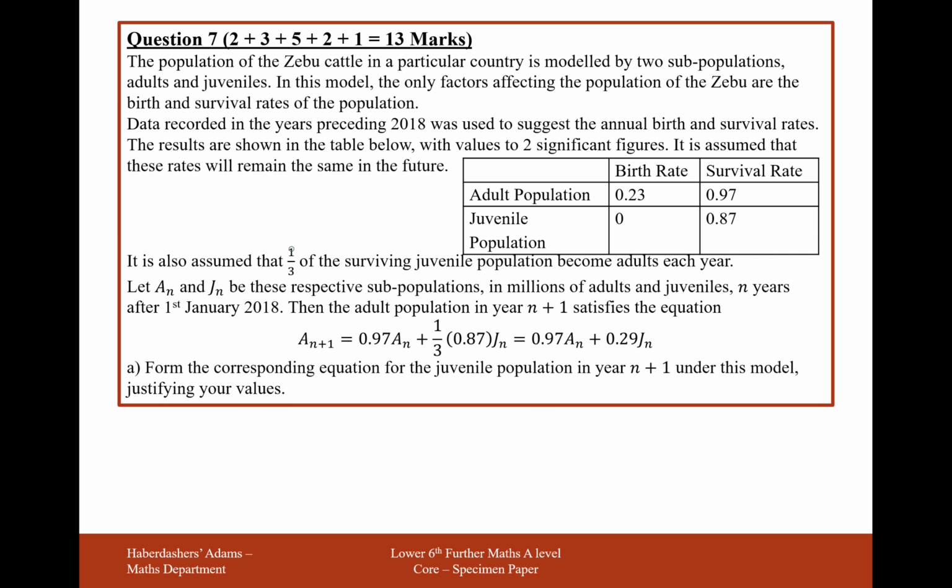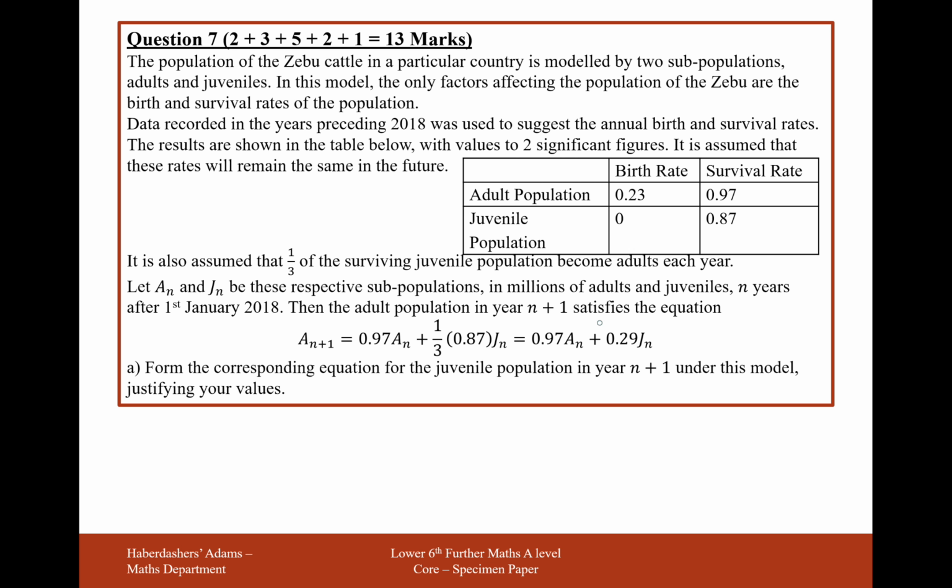It is assumed that a third of the juvenile population become adult population in the next year. An and Jn are the respective subpopulations in millions of adults and juveniles n years after the 1st of January 2018.